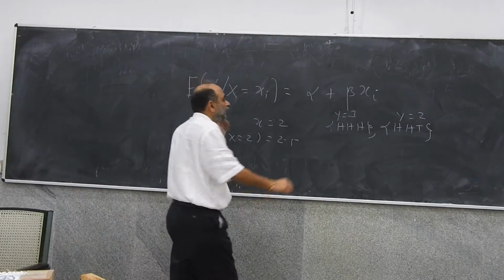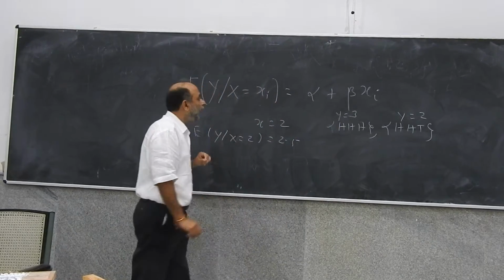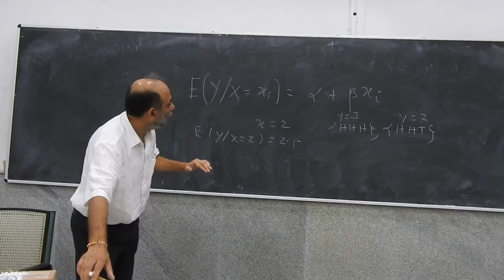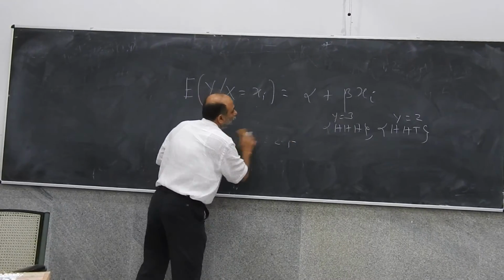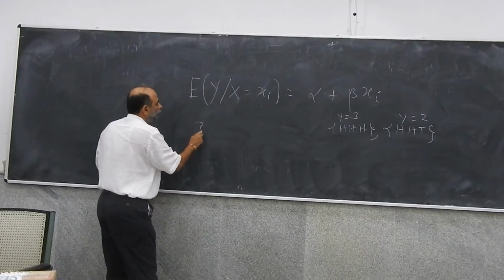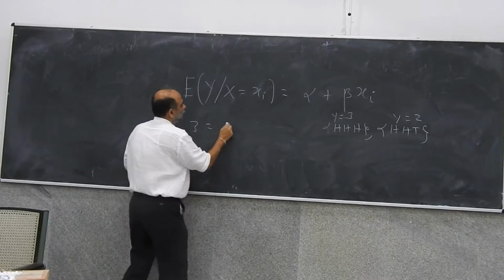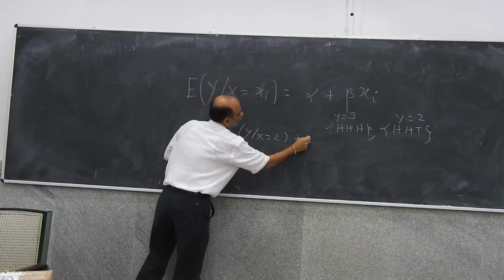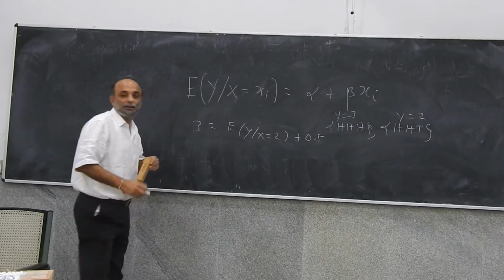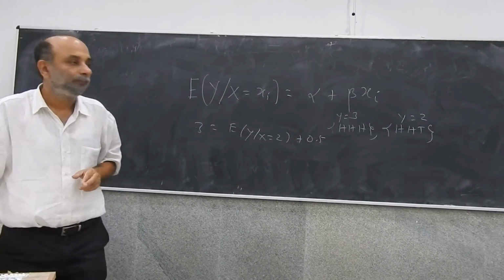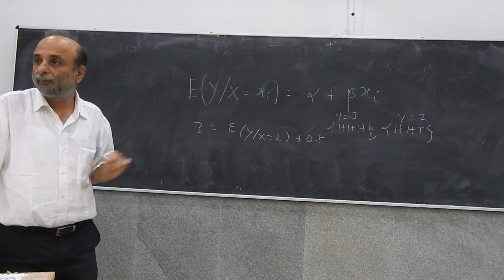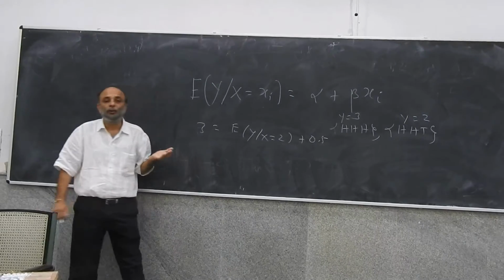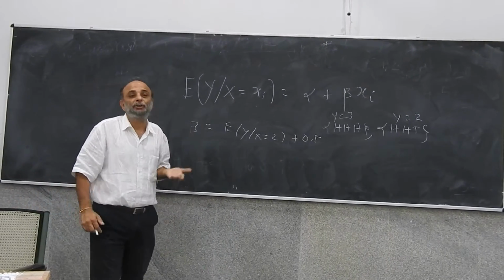So for example, suppose y is equal to 3. I would write 3 as the conditional mean of y given x equal to 2, plus 0.5. Why can I write this?